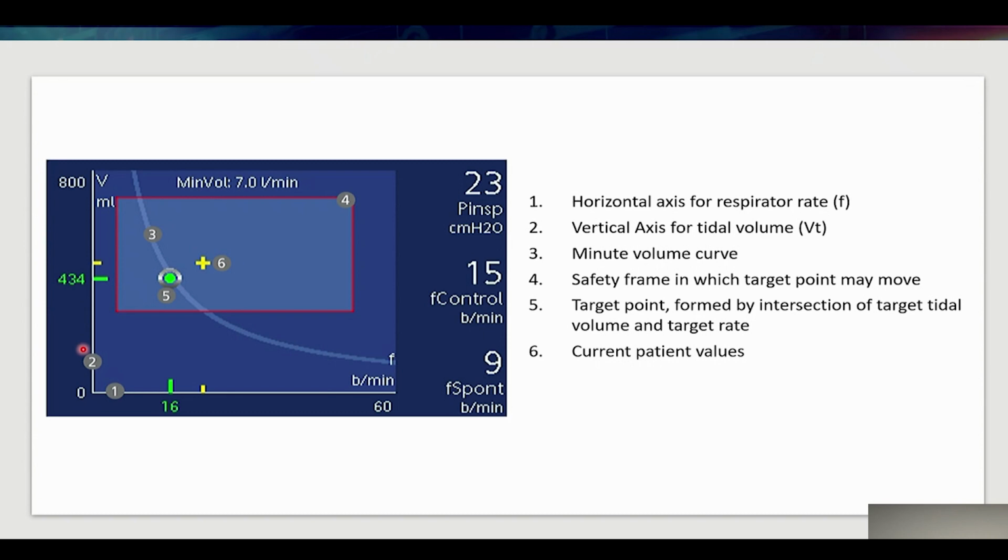Now let's look at these things. 1, you guys see 1 right here? The horizontal axis is my rate. The vertical axis right here is my tidal volume. You guys cool so far? 3 is that respiratory rate.